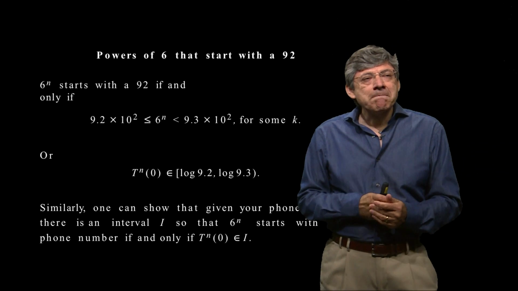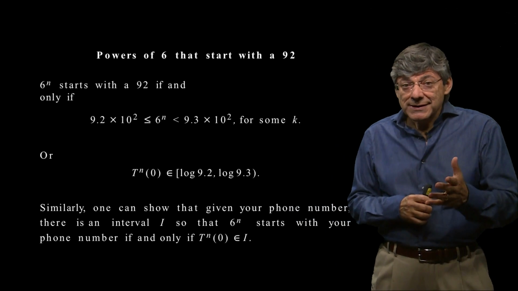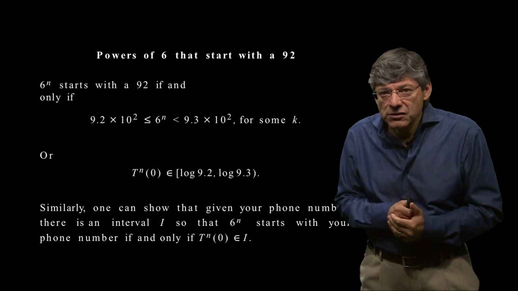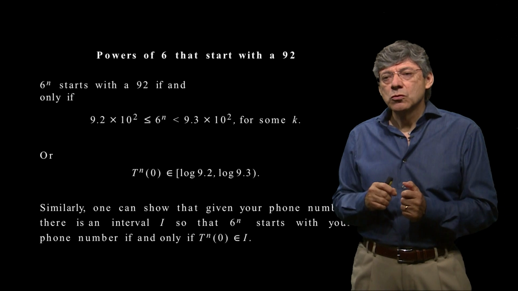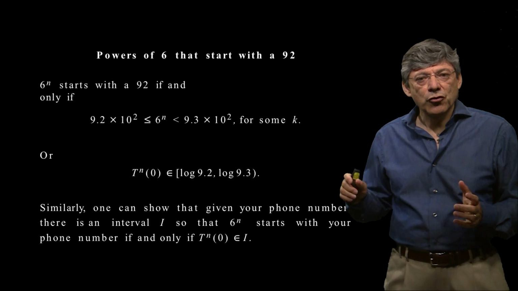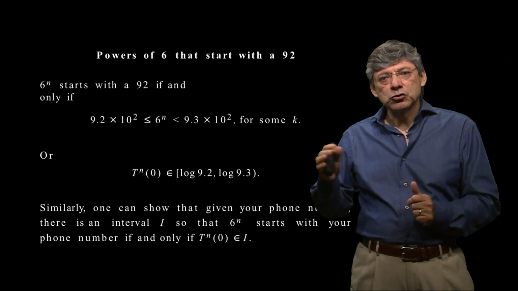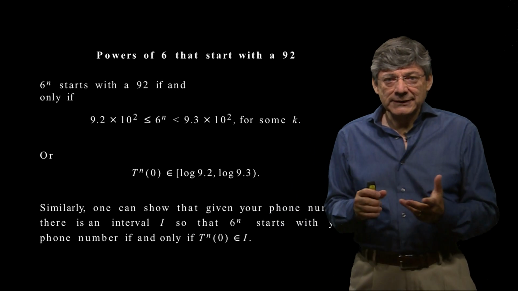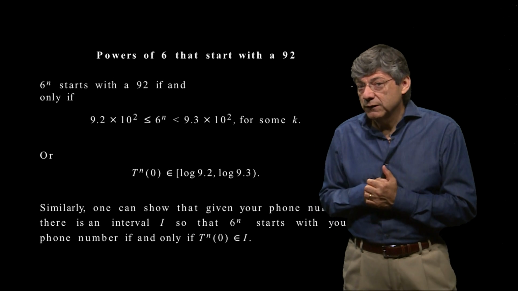So then a power of 6 starts with 92 if and only if the orbit of 0 visits the interval [log 9.2, log 9.3), left closed, right open. Similarly, we can ask, does a power of 6 start with your telephone number?